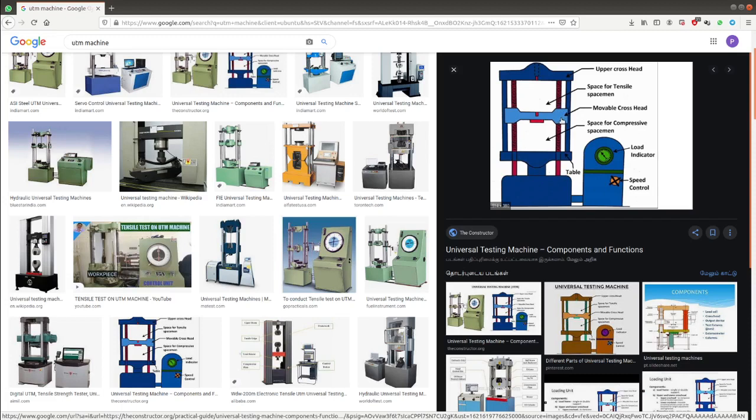And then simultaneously we will also measure, and we will keep the specimen over here, and when we move this crosshead, that specimen will get stretched, and while it stretches, we will also measure what is the load that particular specimen is bearing for that particular stretch.